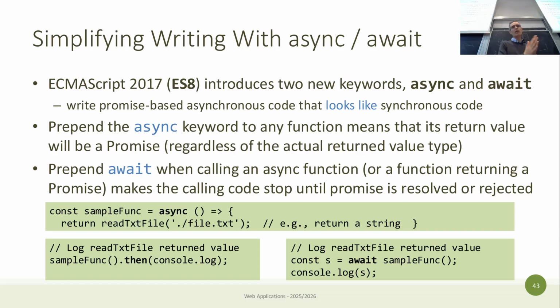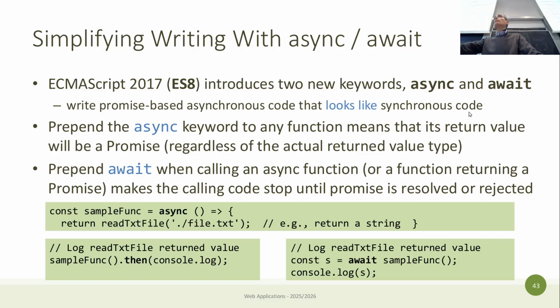But the thing we want to focus on now in this remaining part of the lecture is that there are two keywords, async and await, in JavaScript that basically allow you to write promise-based asynchronous code that looks like synchronous code.